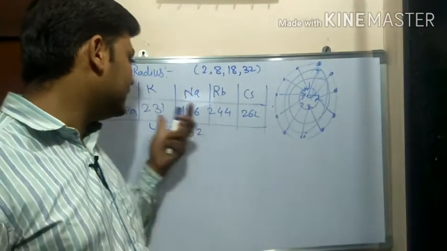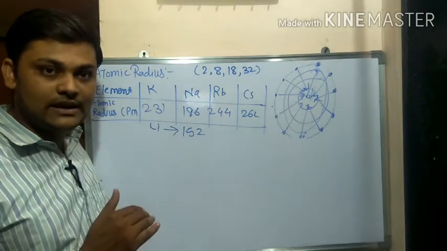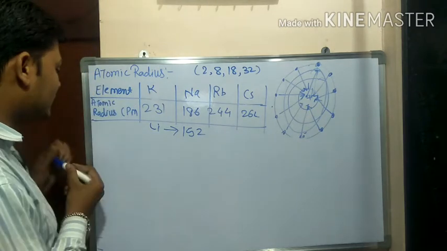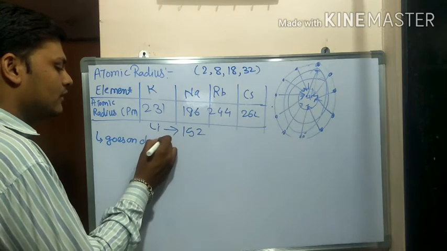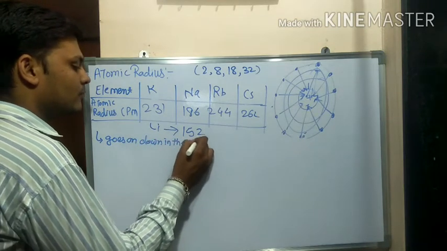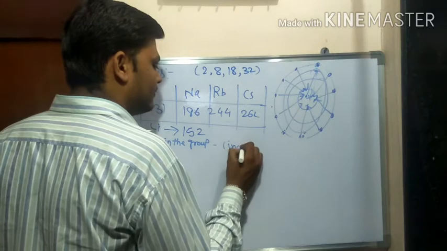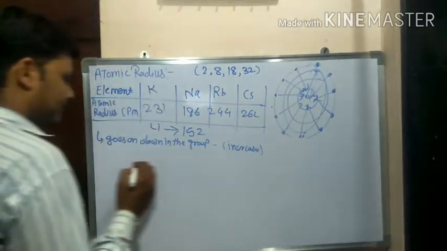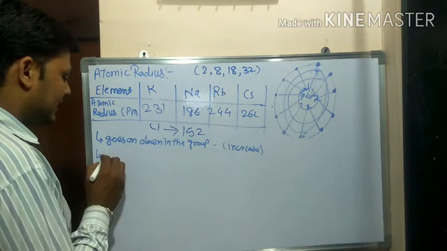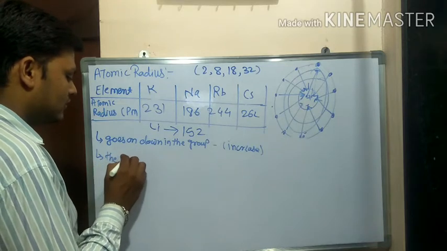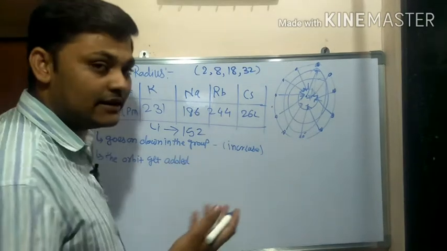Next, in this periodic table, when we go downward, down in the group, the atomic radius increases, because when we go down, the orbit gets added, resulting in an increase in the radius.